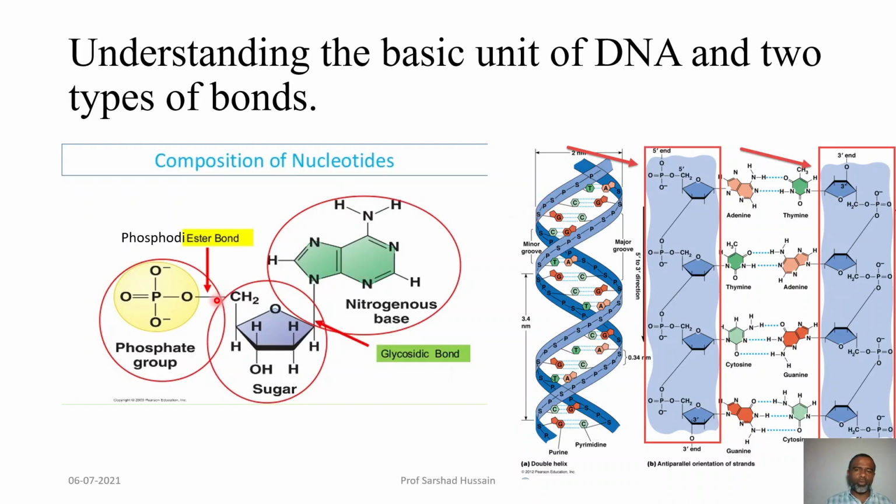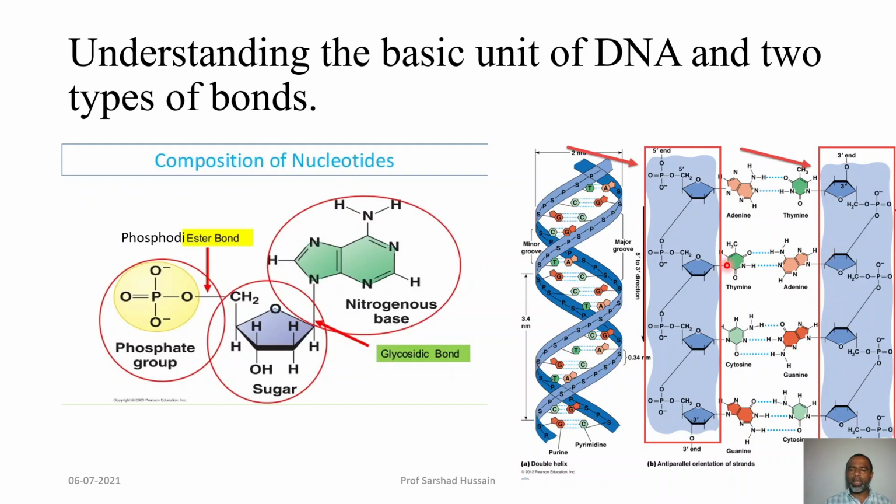If you look chemically, phosphorus is linked with the sugar molecule, then sugar with the phosphorus, phosphorus with the sugar, sugar with the phosphorus. So, this forms the strand of the DNA. So, you have one strand, then the other strand.